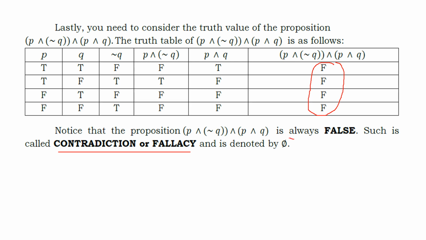So we use this symbol to represent a fallacy or contradiction. So again, that's how we deal with contradiction and tautology. A tautology is a proposition that is always true, while a contradiction or fallacy is a proposition that is always false. So that is the difference between contradiction and tautology.